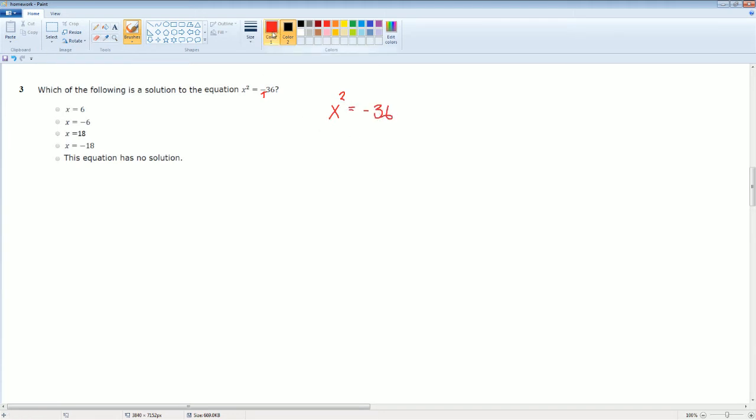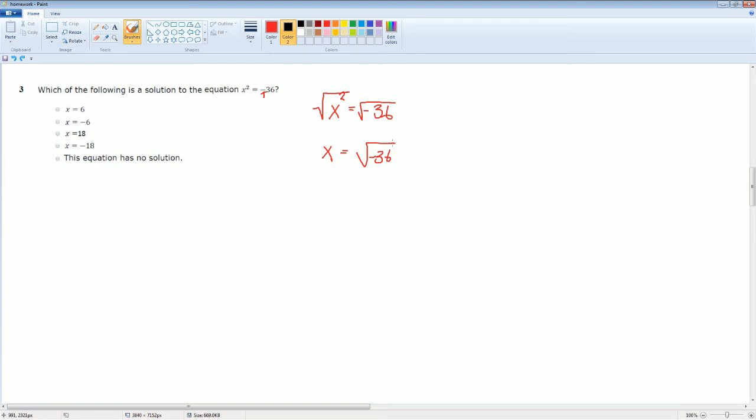Okay, so what we can do is square root this and square root this. Okay, and then we have x is equal to the square root of negative 36. Okay, that looks like a valid answer, right? And we could get this. But what does this mean? What does the square root of negative 36 mean in this case?